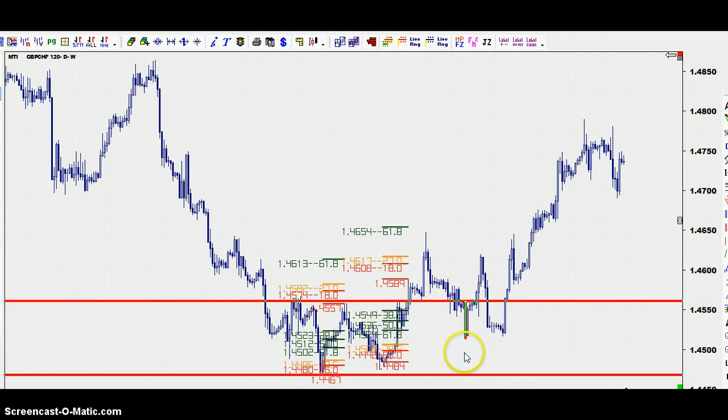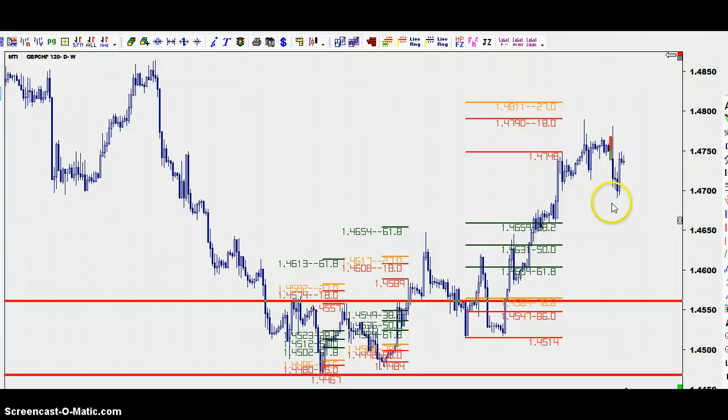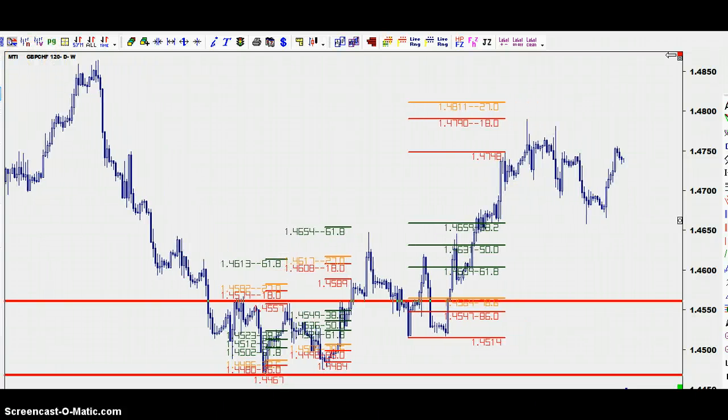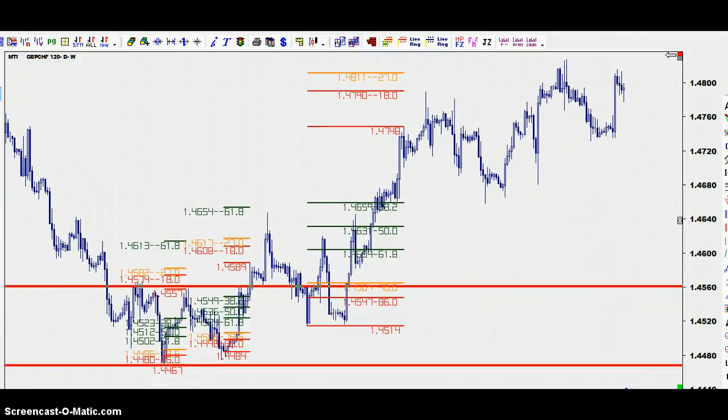There we go, A to B, C to D, A to B, C to D, A to B. Alright, let's just draw these. Also move up. A to B, C to D, A to B, C to D. There we go.